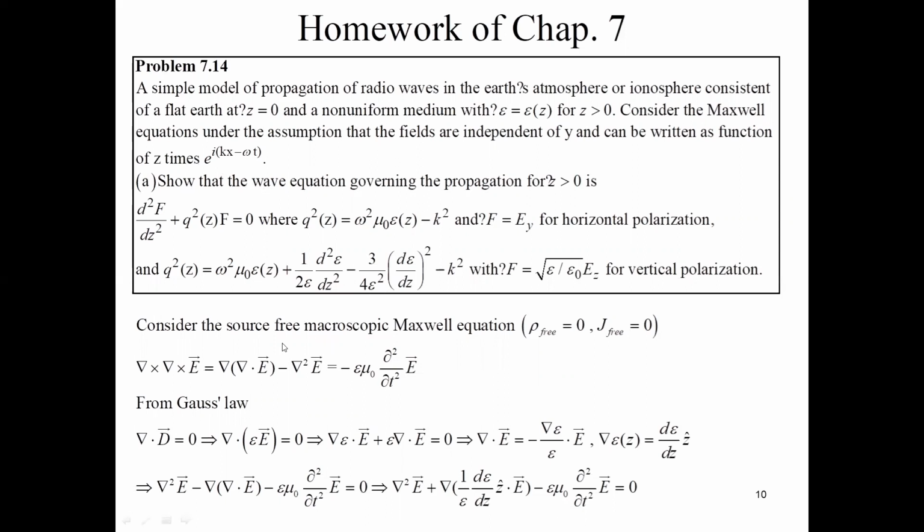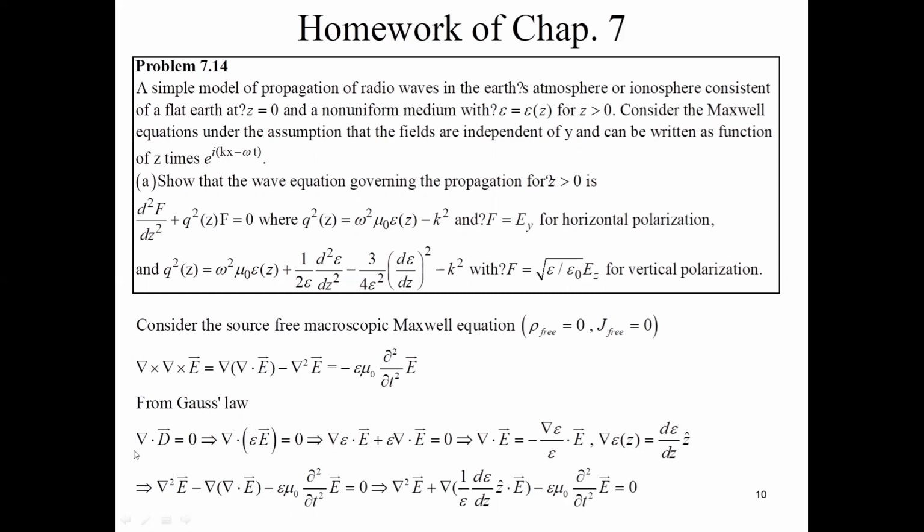By the same approach, we start from the source-free Maxwell equations. So we can get this term, and by source-free, we know that the divergence of D equals 0, and D is equal to epsilon times E. Here we consider that the gradient of epsilon is not equal to 0.